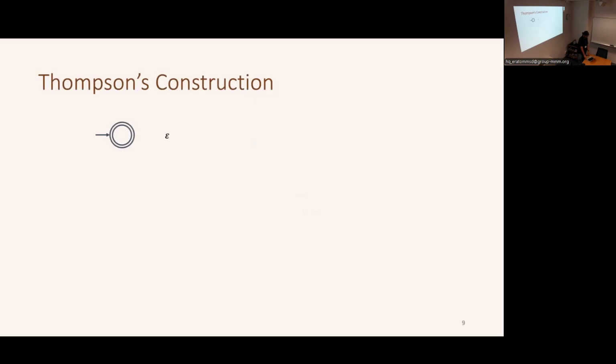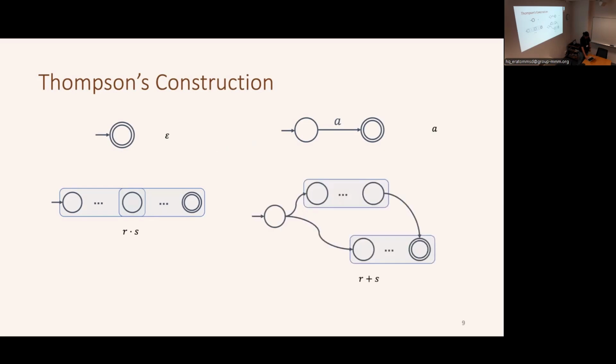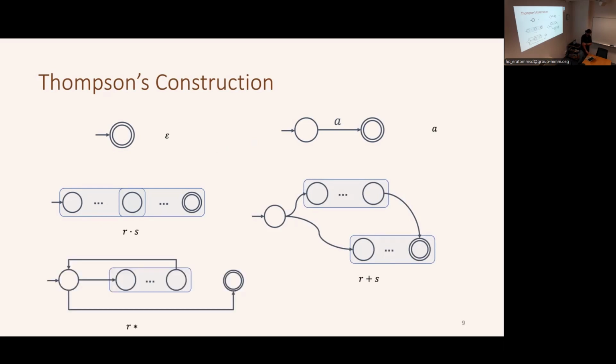So we have the empty expression, and then we have characters. And then when we have concatenation, we create the two automata, and then we glue them at the middle. And then we have the choice or union, and then we have Kleene star.